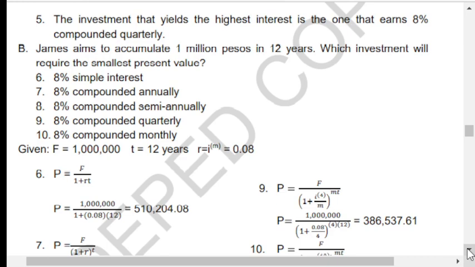Okay, so from here we can determine the given. We have the final amount of 1 million, time is 12 years and the rate is 0.08.